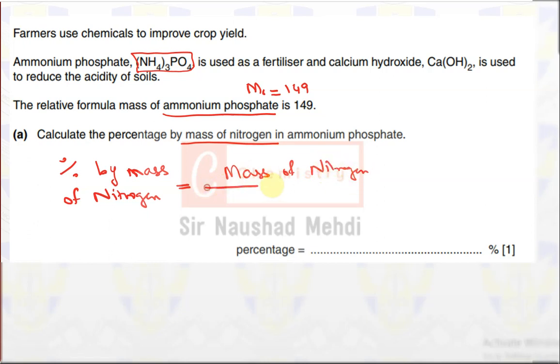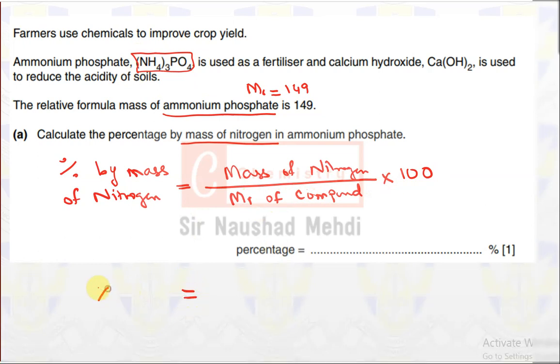So you have to divide the mass of nitrogen which is present inside it with the total mass of this compound, and then multiply by 100. So what is the total mass of compound? Total mass means the Mr of the compound. So now how would we calculate the percentage?